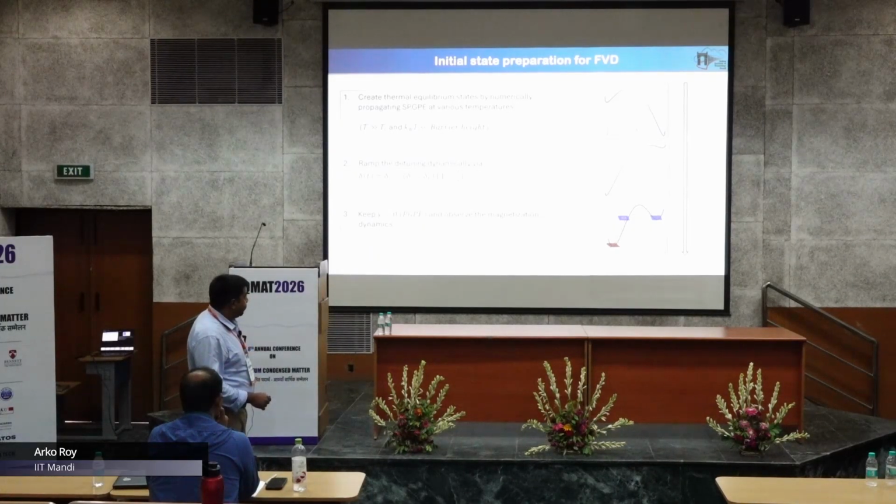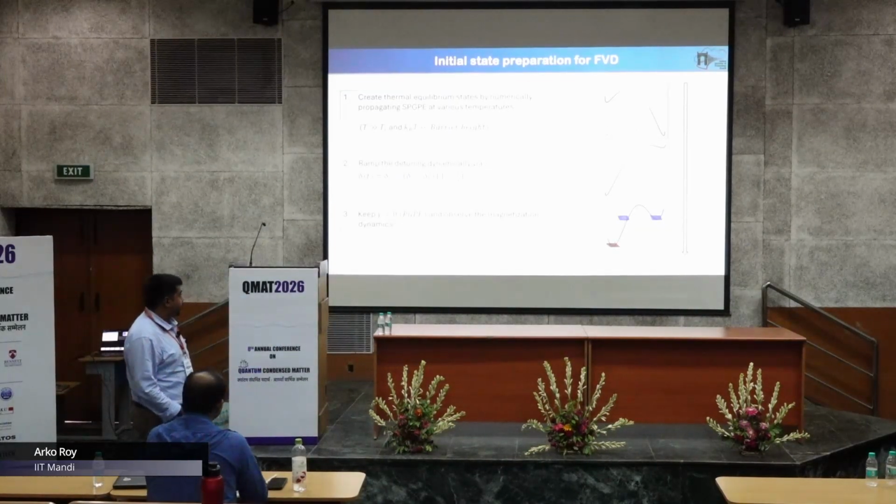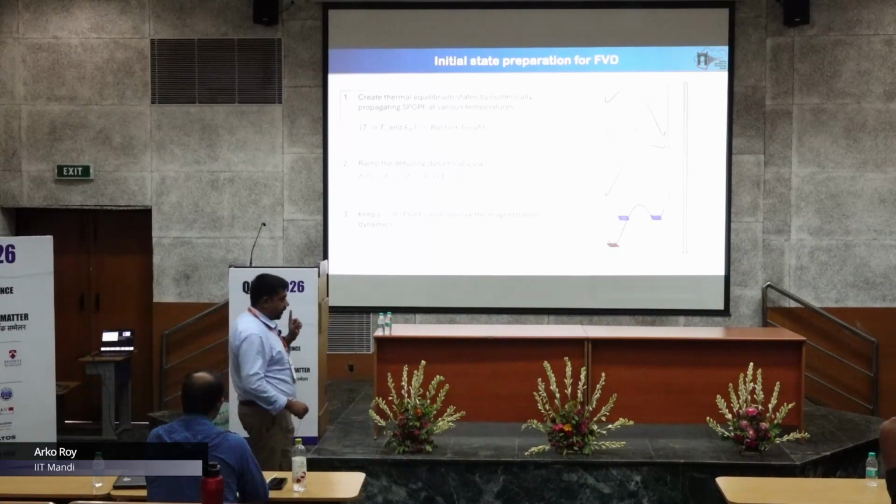So this energy landscape B is the energy landscape as a function of magnetization for which I want to see the false vacuum decay process. After ramping the detuning to prepare the system out here, I put gamma equal to 0 in the stochastic Gross-Pitaevskii equation and then wait and watch.